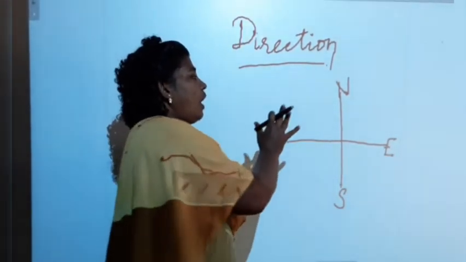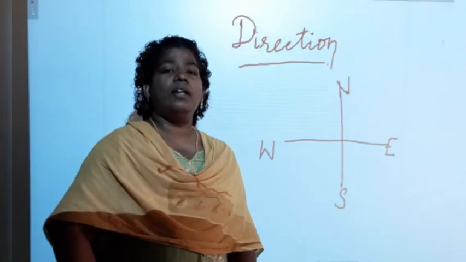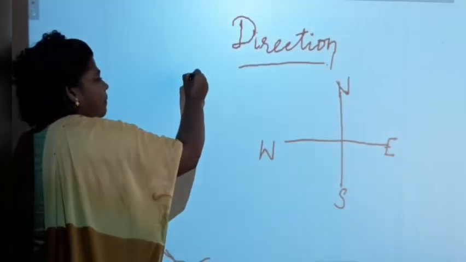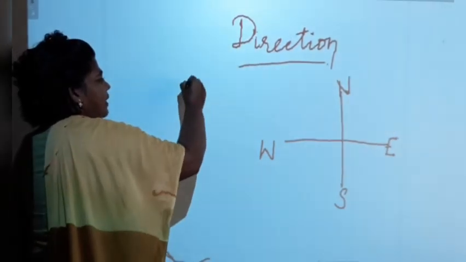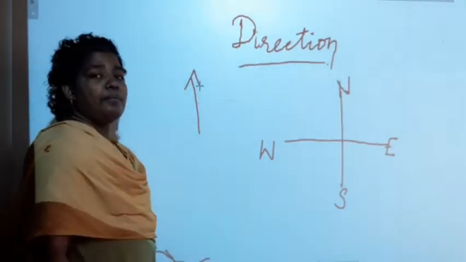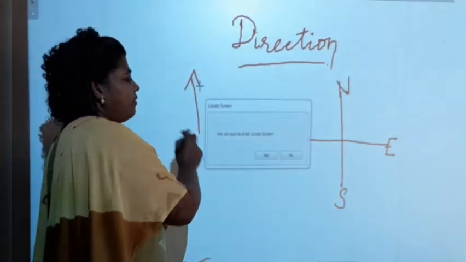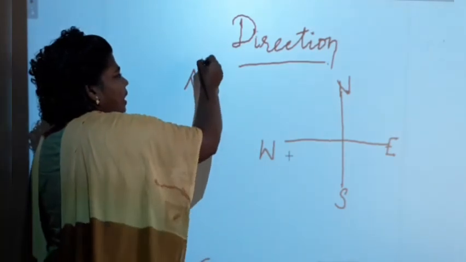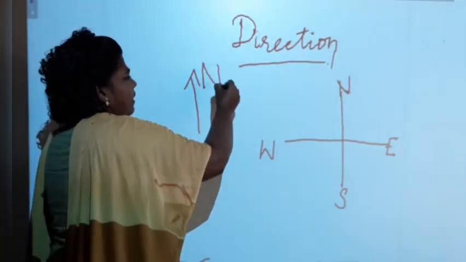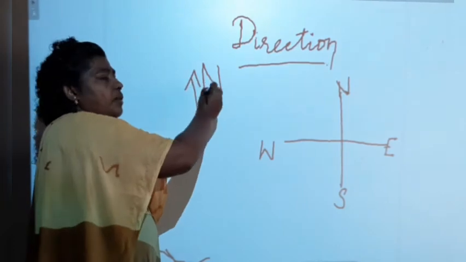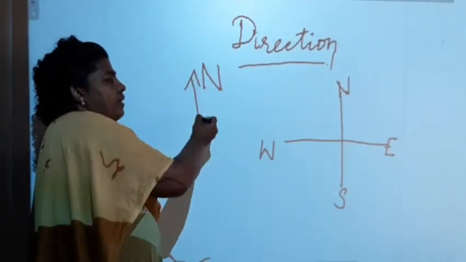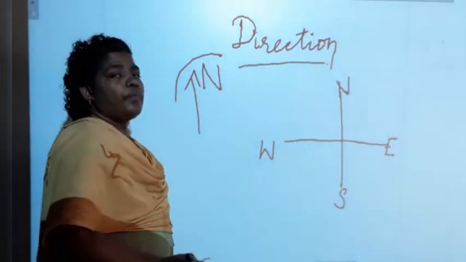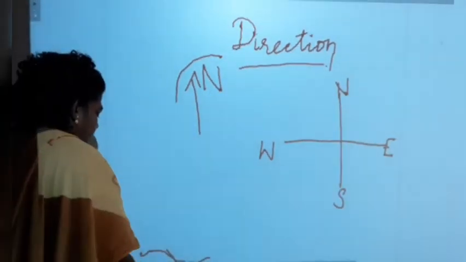Okay, and how will the direction be given on your map? See, there is a mark like this. In every map, direction will be given like this. There is an arrow mark with the letter N. It denotes the north direction.